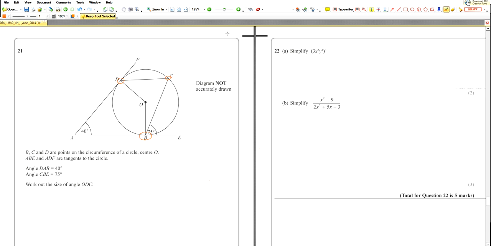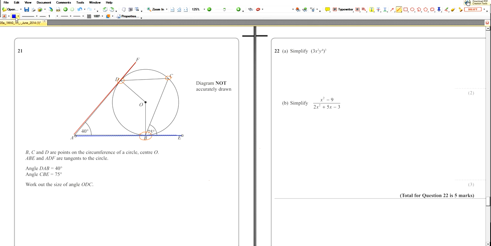Now, special rules for tangents. What do we say about tangents? If I just draw it here, slightly offset, this is the tangent that they're talking about. So whenever a tangent touches a radius, let's change to a blue now.